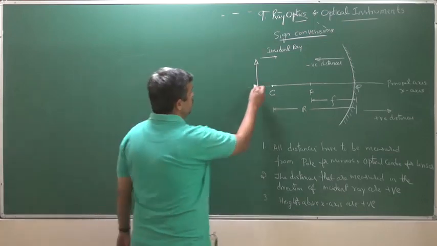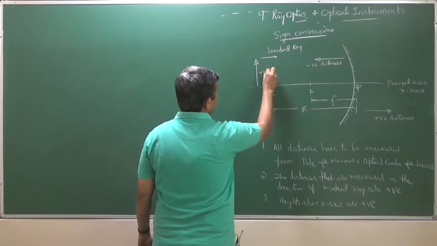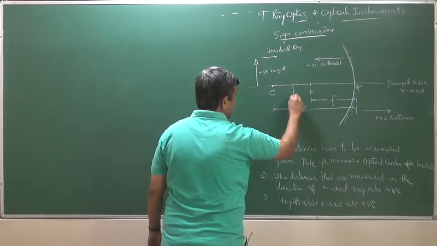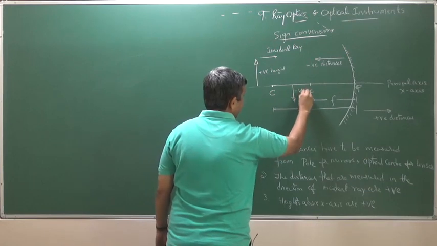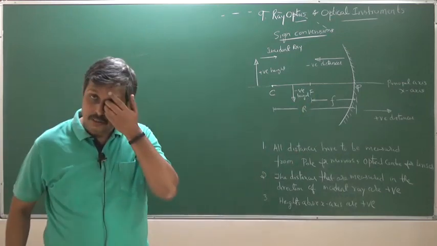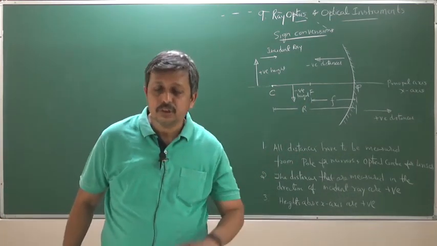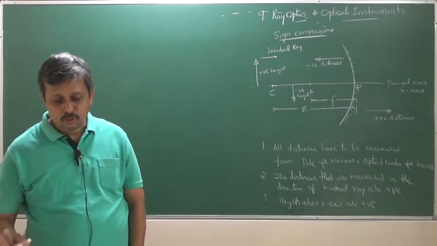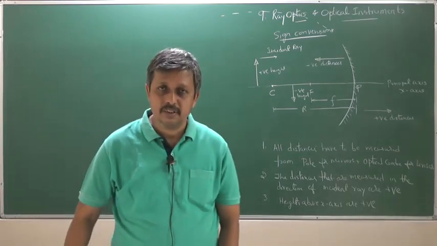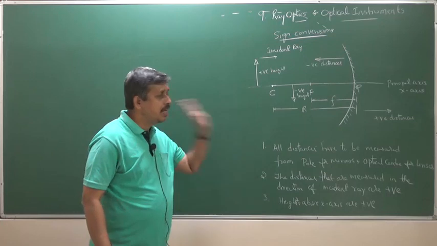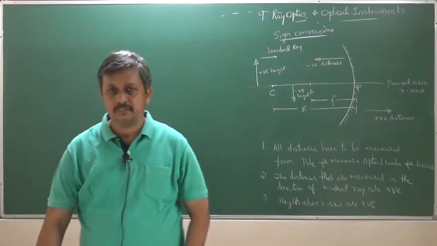So if you are measuring in this direction, this is positive height. If you are measuring in this direction, this is negative height. Correct? So these are all the rules. These are the rules of the game. 3 simple rules. Once you know these 3 rules, we will not make any mistake.